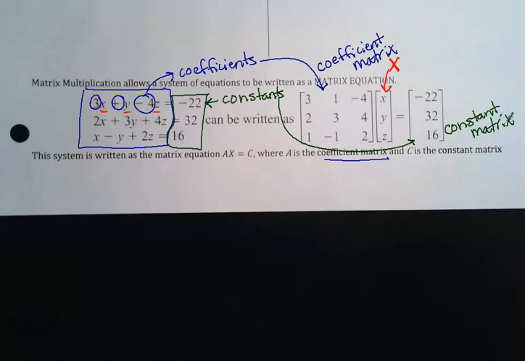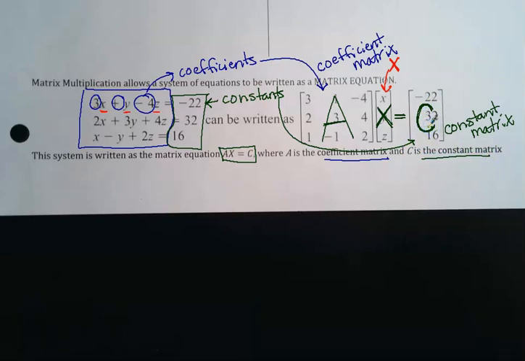So if we look at this definition, this system is written as the matrix equation AX equals C, where A is the coefficient matrix. So this one right here is A. This one right here is X. We've already talked about that, equals. Okay, and C is the constant matrix. So these are the constants.